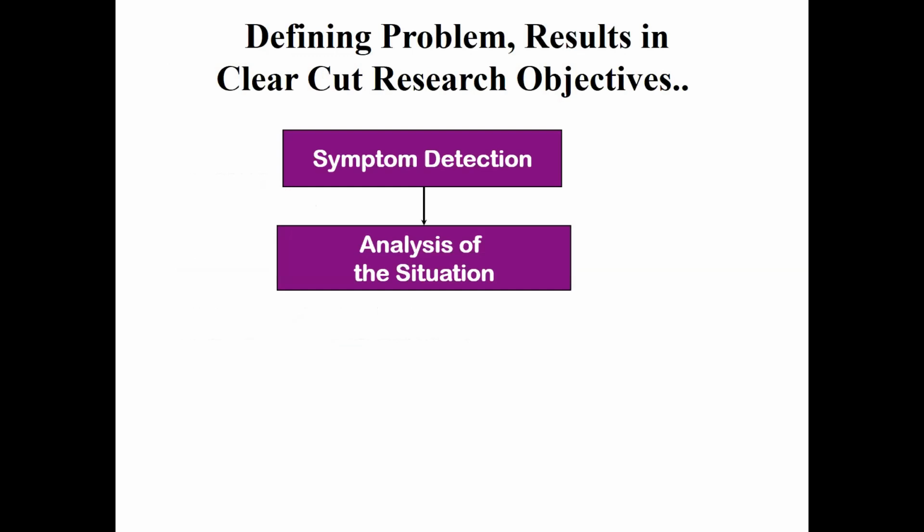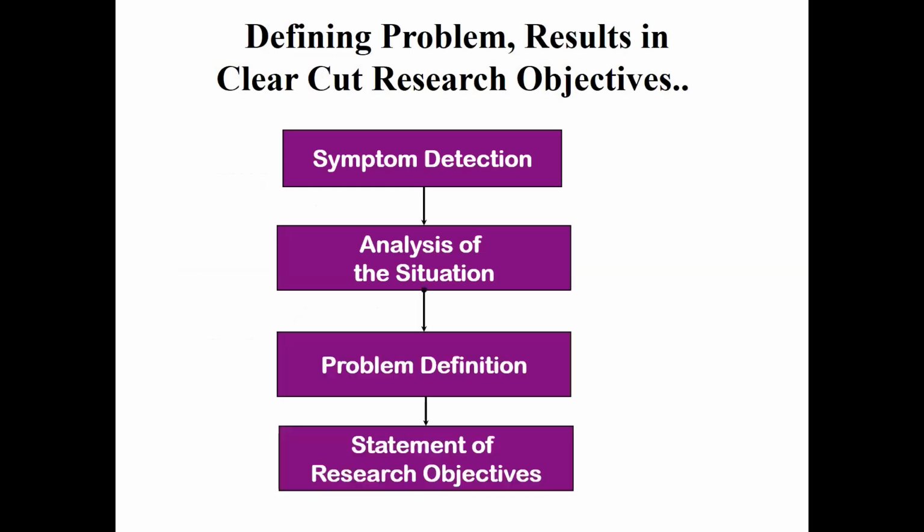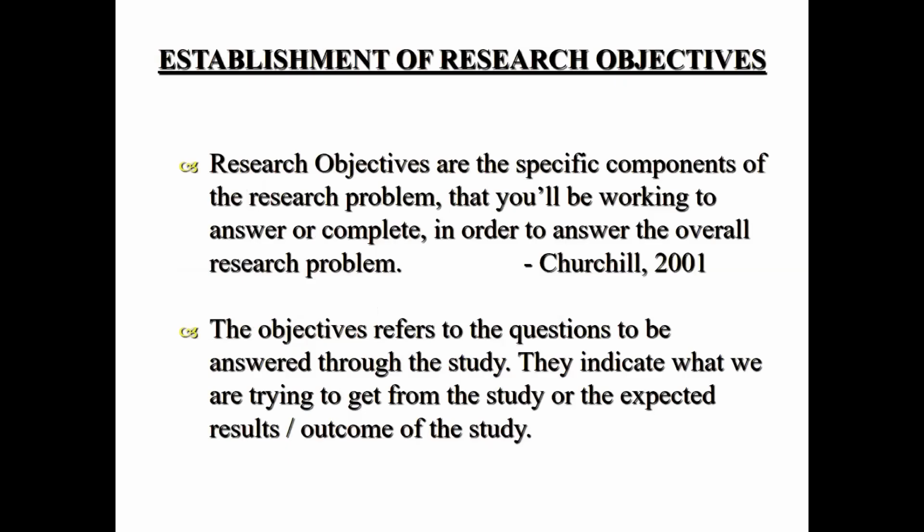This is the flow chart, which reflects clear-cut research objectives. Objectives refer to the questions to be answered through the study. Outcome, results: they indicate what we are trying to get from the study, the expected result or outcome of the study.